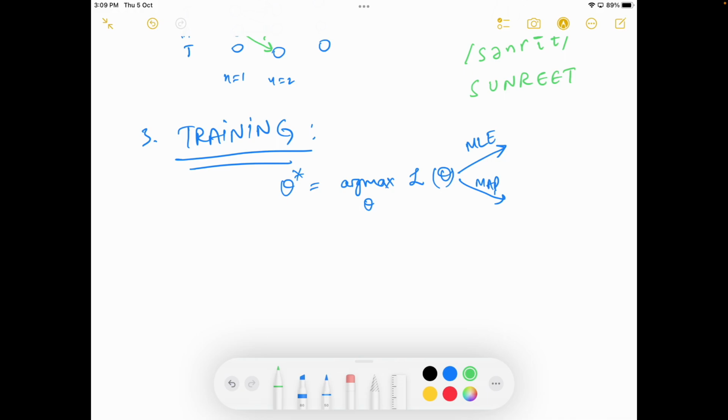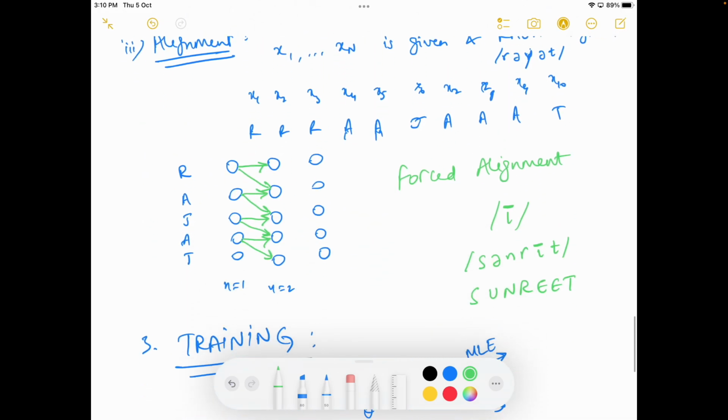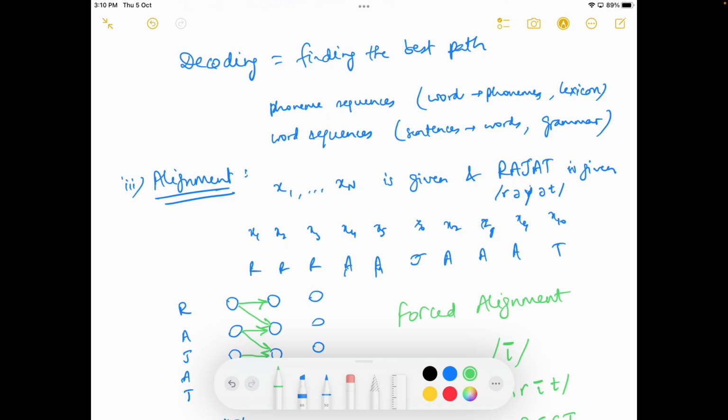There is no z here, only x and theta. X is observed, and you are given this. Let me call this compressed sequence y, y 1 to L, where L is less than n.